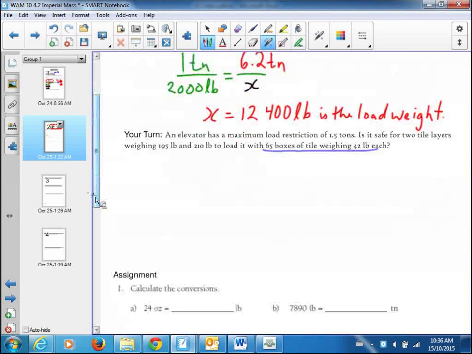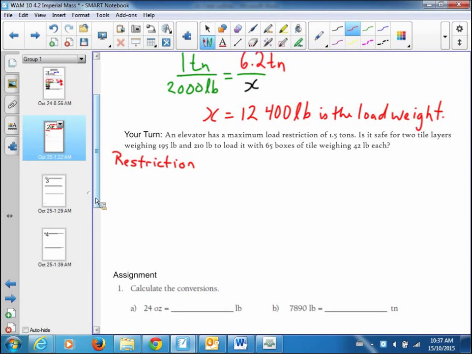Well, since all these little numbers are in pounds, let's change this 1.5 tons to pounds first, the restriction. Okay? I'm going to label it over here as the restriction. We'll find out what that is in pounds.